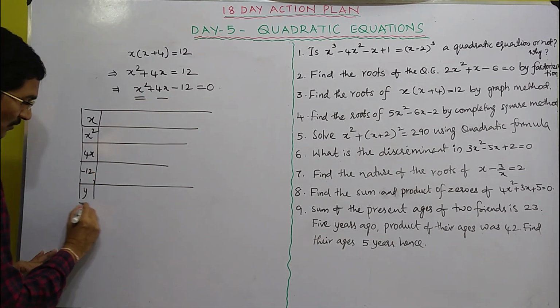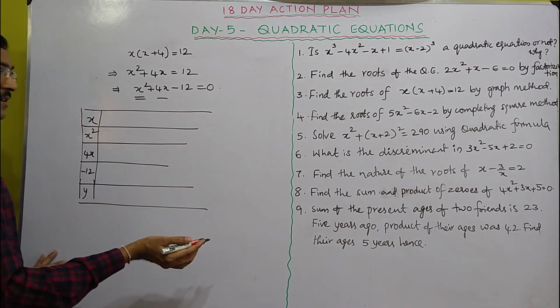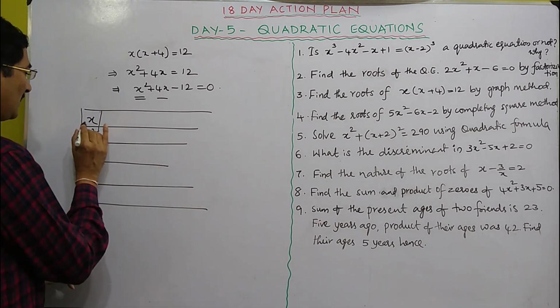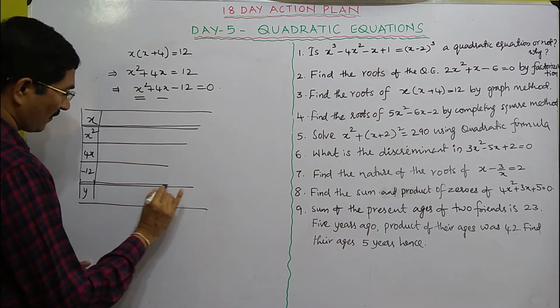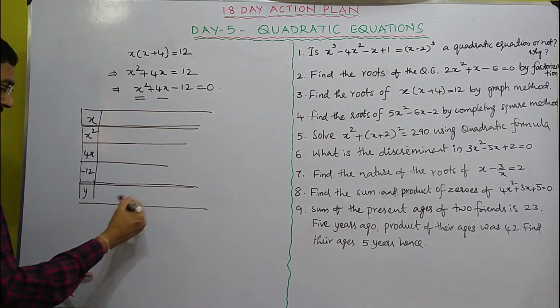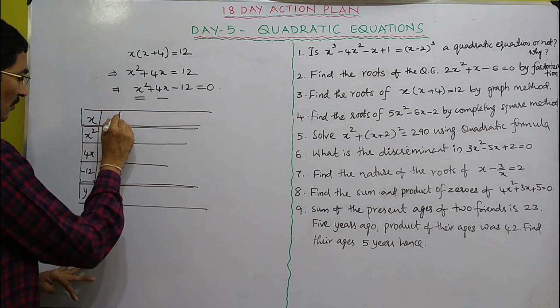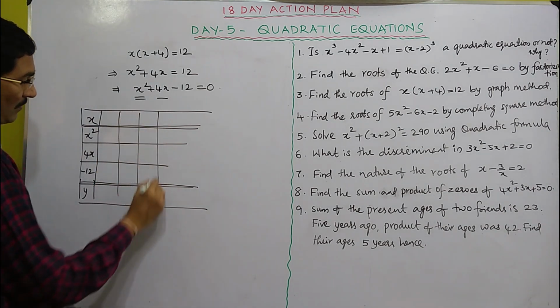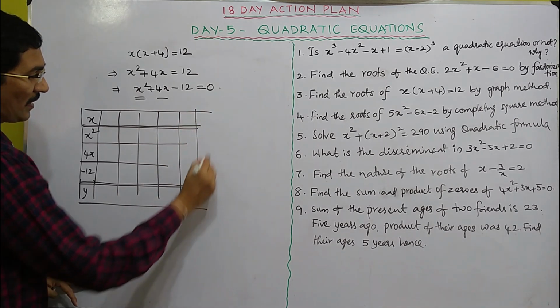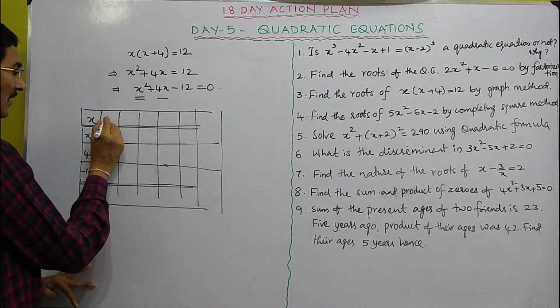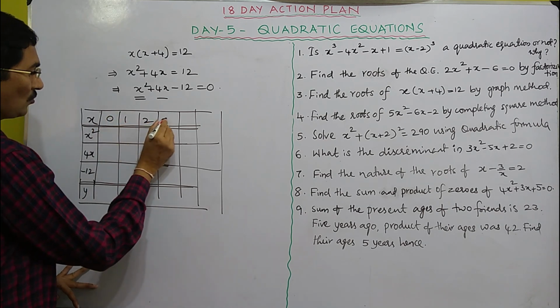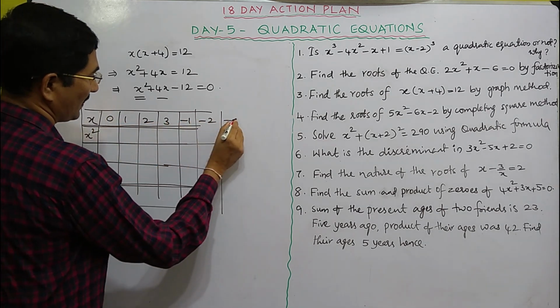In order to avoid confusion, we draw a double line after x and a double line before y. Now draw like this by taking 5 or 7 columns. You can take the values like 0, 1, 2, 3, minus 1, minus 2, minus 3.